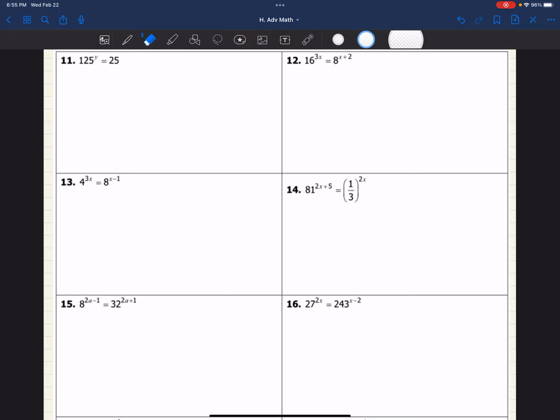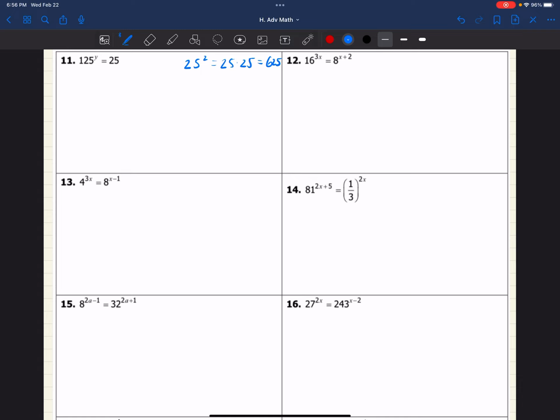Now, is there a way that you can represent both of these numbers with a common base? You should be realizing here that, well, can I represent 125 with a base of 25? Not really, because 25 to the second power, that's already going to be a super big number. Remember, this is equivalent to 25 times 25, and 25 times 25 is equal to 625.